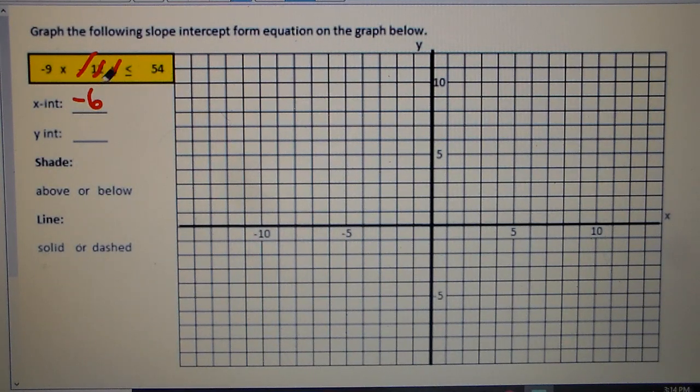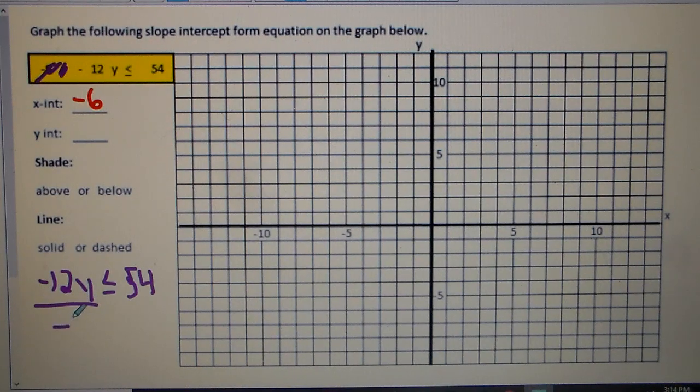Then we now have to solve for the y-intercept. We do that by putting a 0 in for x, so negative 9 times 0 is 0, so we just get rid of the x term. And we have negative 12y is less than or equal to 54.